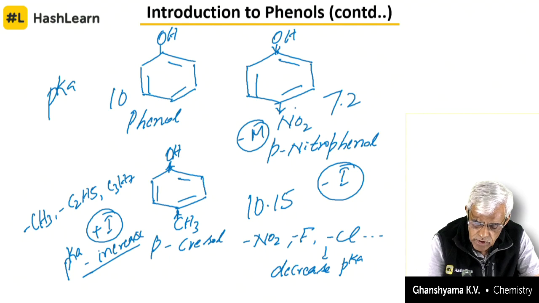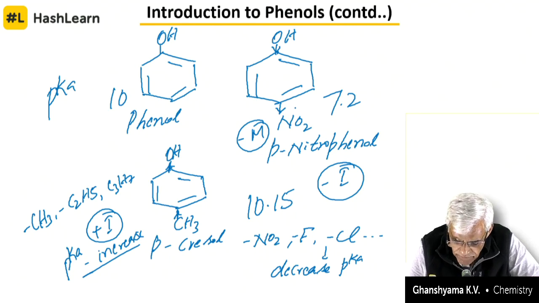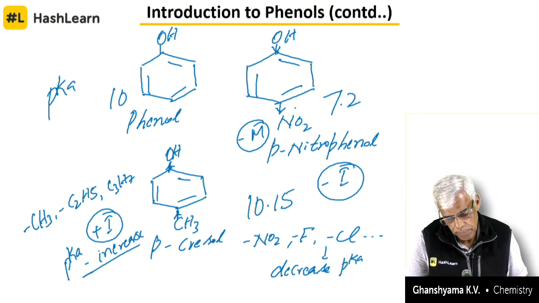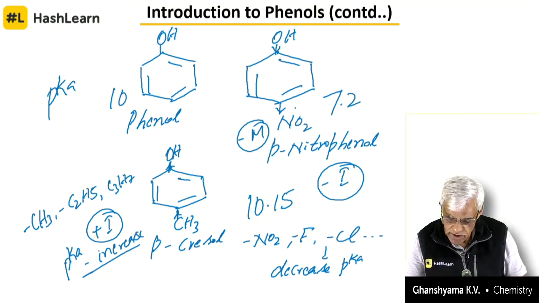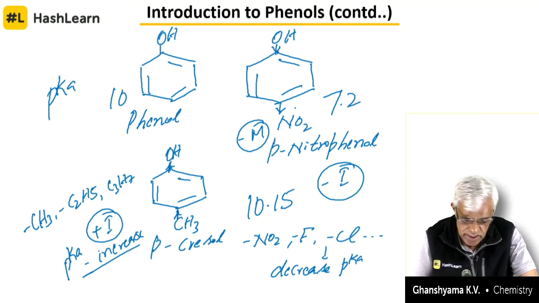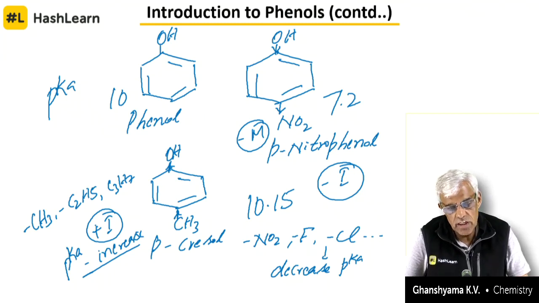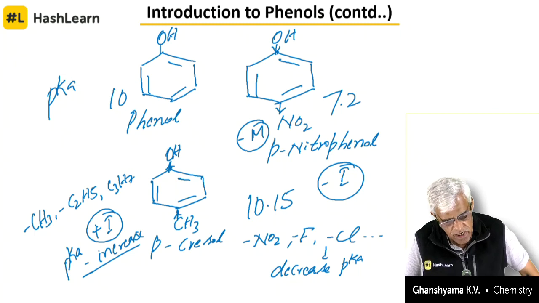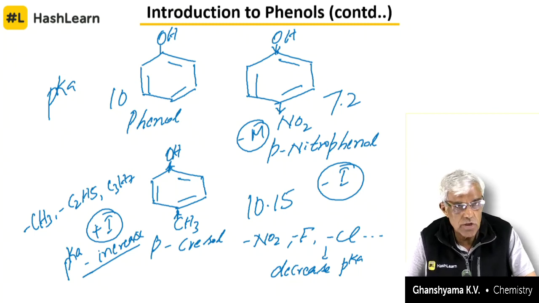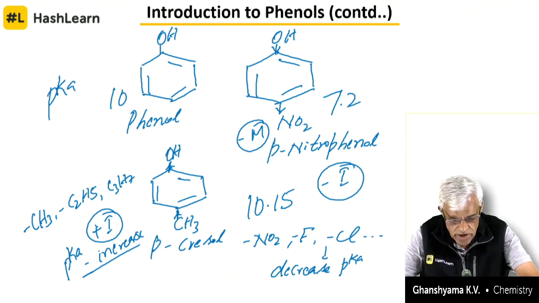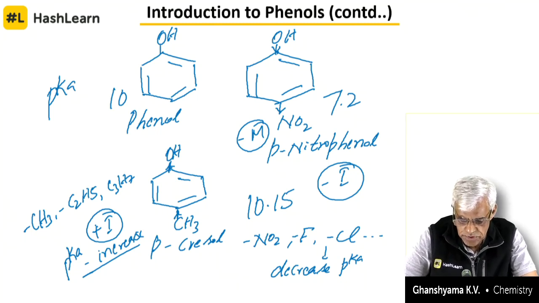If minus I effect groups or minus M effect groups go on increasing, pKa value decreases, it becomes stronger and stronger acid. If plus I groups increase, it becomes weaker and weaker acid. Therefore, pKa value will increase. So, this is the acidity of phenols.